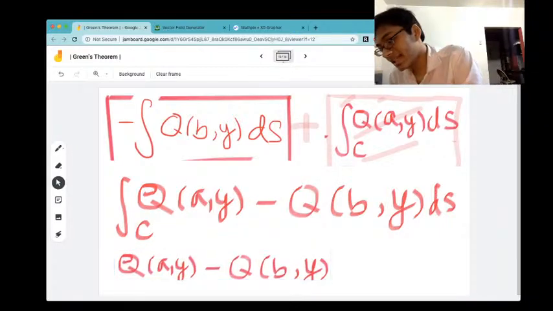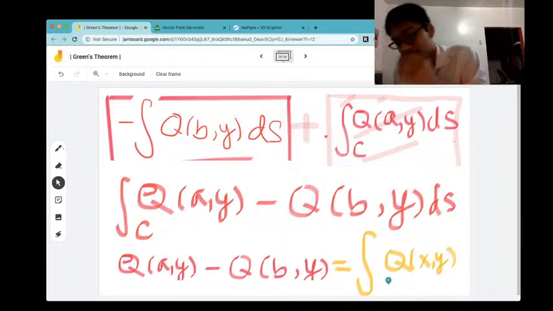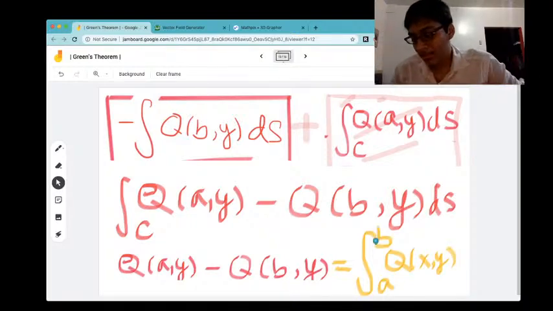Is that inside not equal to the integral of q, which is defined as a function of x and y, from a to b, right?